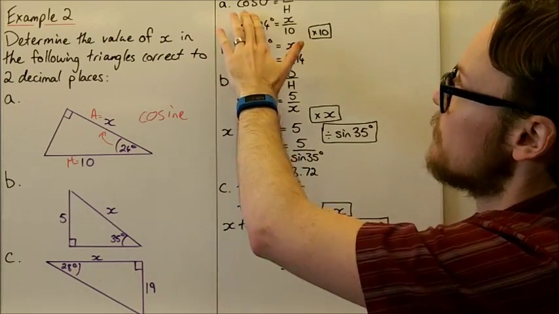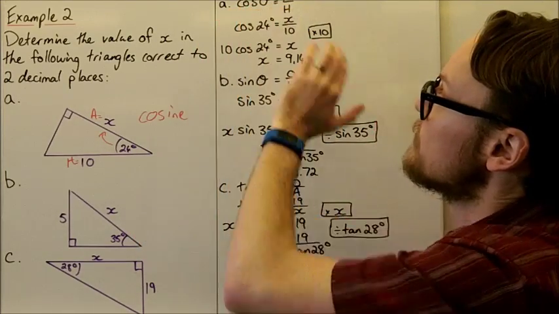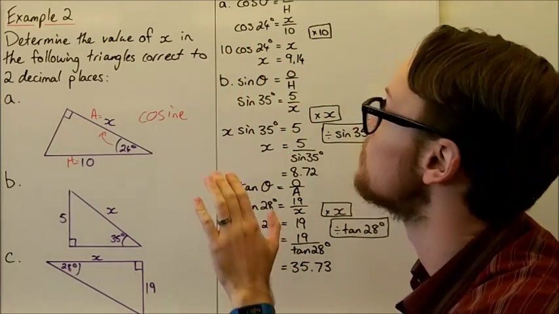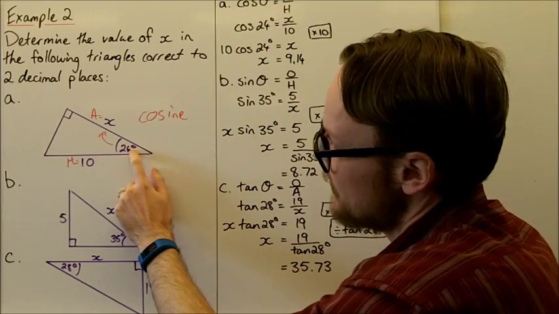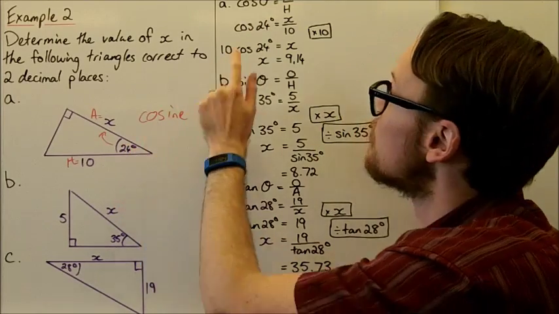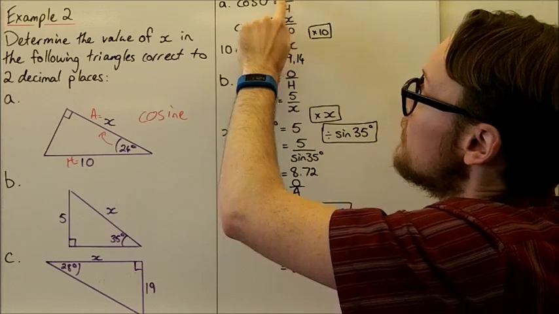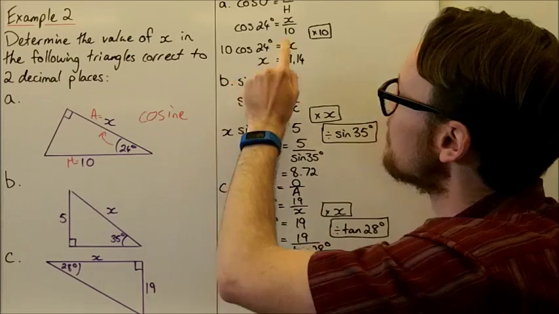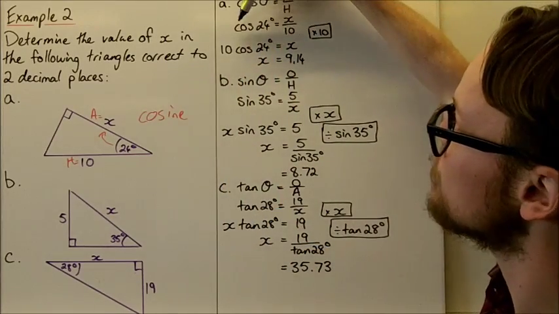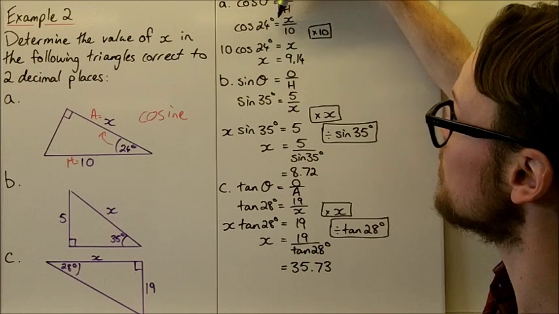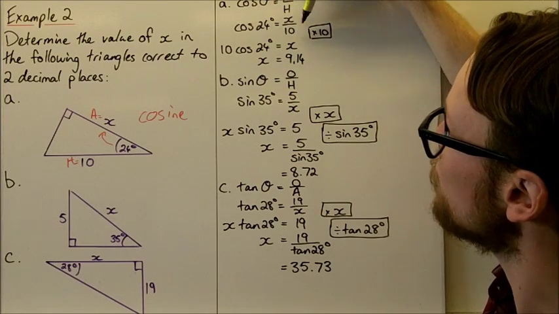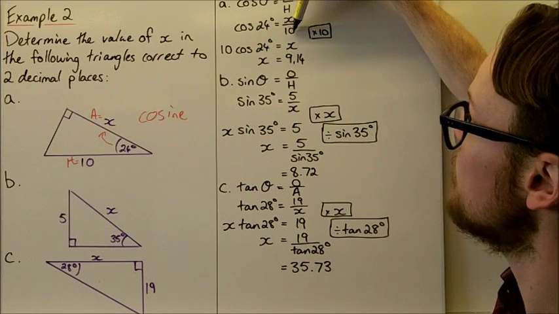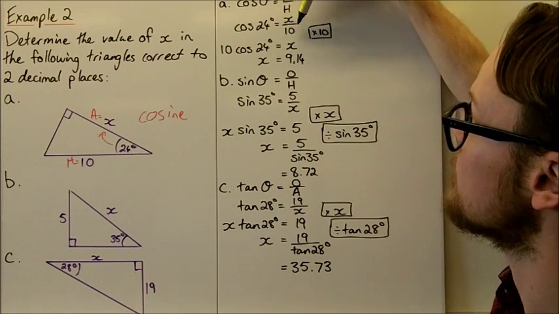So we can write our definition: cos of our angle equals adjacent over hypotenuse. Now we can substitute in our values. Our angle theta is 24 degrees, so cos of 24 is equal to our unknown adjacent side x, over our hypotenuse 10. So we've got an equation: cosine of 24 degrees equals x over 10. If I multiply both sides by 10, the 10 divided by 10 becomes 1, and they cancel out.